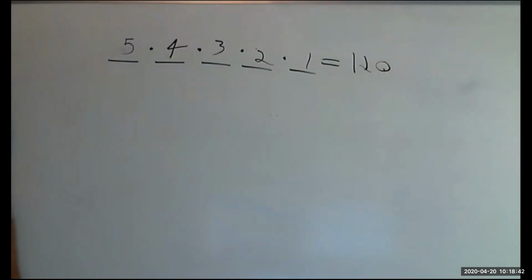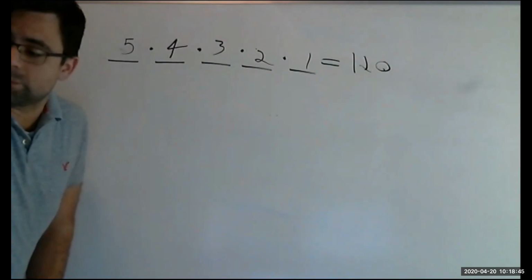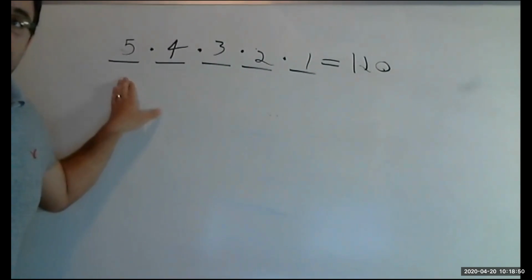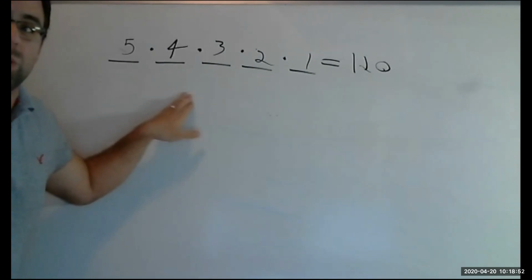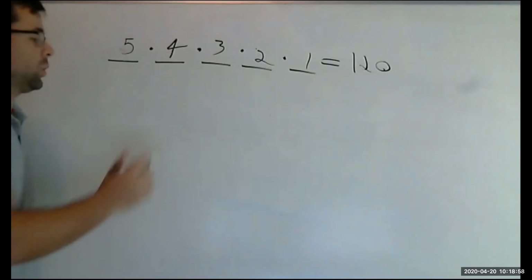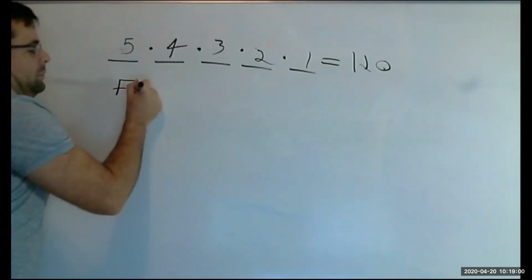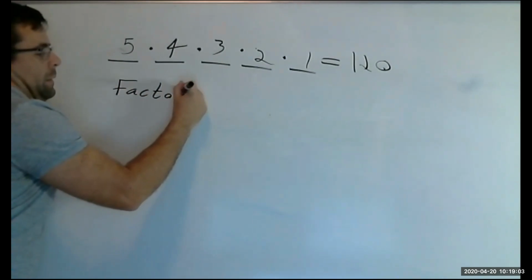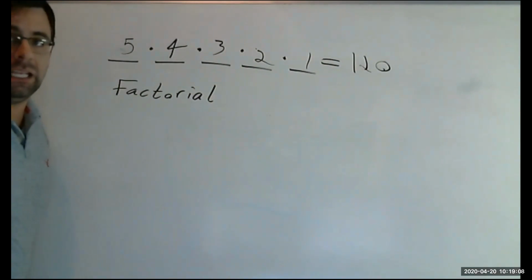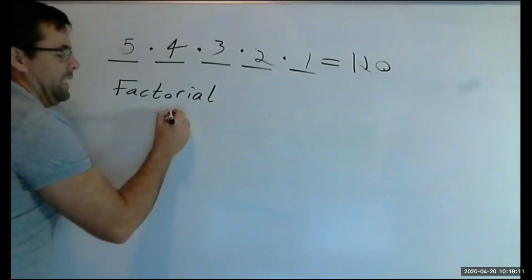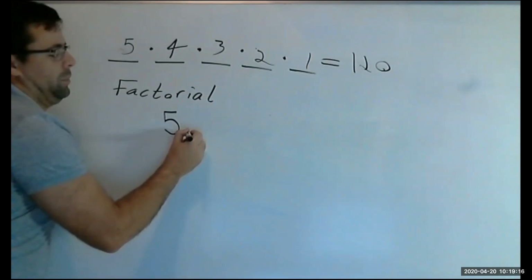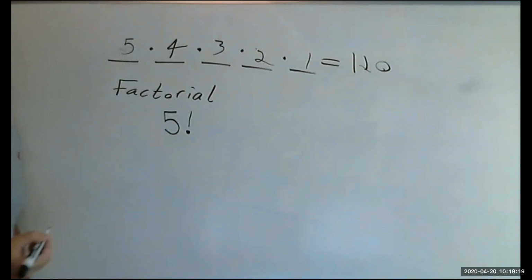This comes up a lot in math. Multiplying all of the numbers from some number down to 1 in a row like this is called a factorial. It has a notation that looks like this: you put the first number you start with, and then you put an exclamation point.